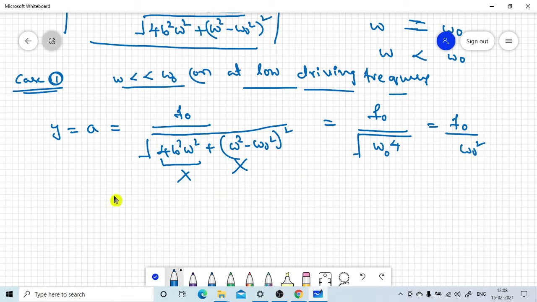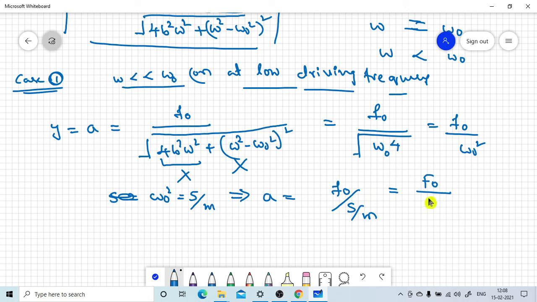Omega naught square, we are assuming that s is equal to omega naught square is equal to s by m. Can I substitute this value in this equation? Then the amplitude a is equal to f naught divided by s by m. Already we know the f naught value is f naught divided by m.